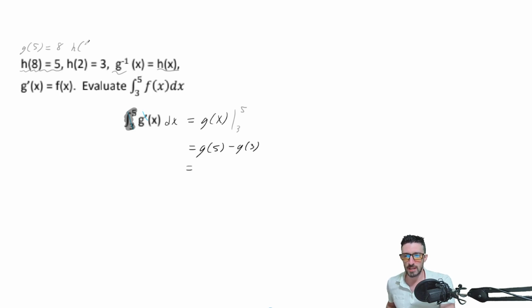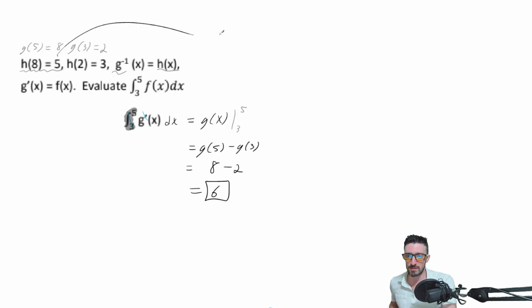So I could do that over here too. H of 3 equals 2, so g of 3 equals 2. And now I got g of 5 is 8, g of 3 is 2. I plug them in here, and I'm done with the problem.